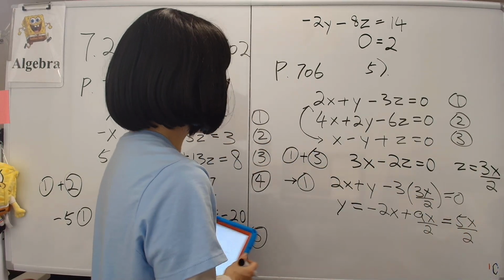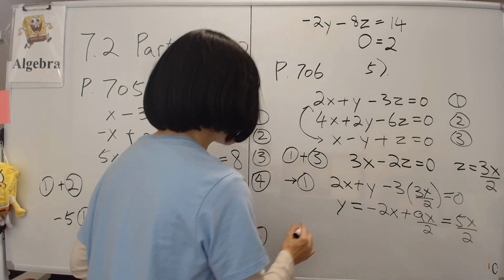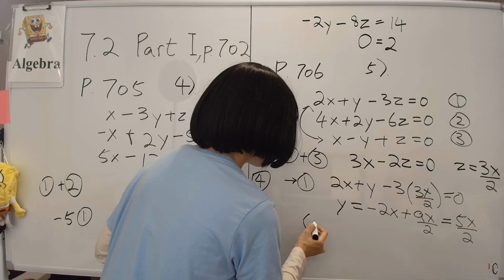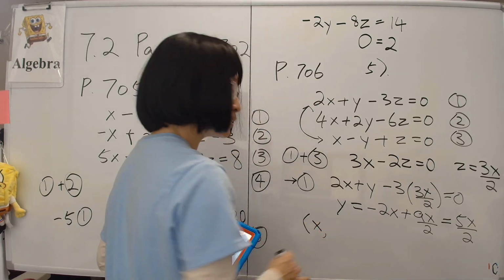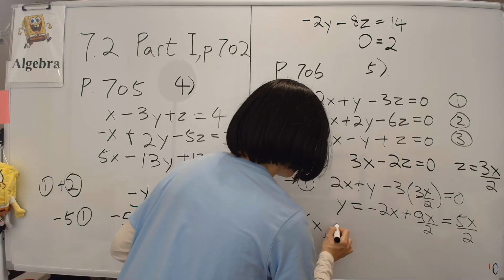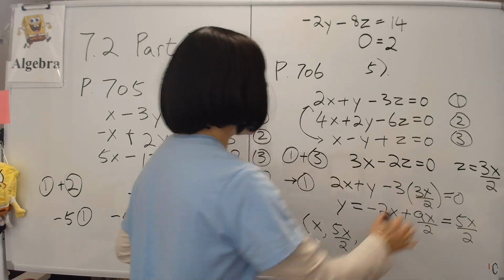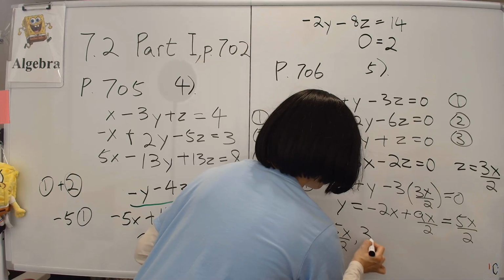Now notice how the answer is written. The answer then is x, comma, we don't know what x is, and then y is 5x over 2, comma, and then z is 3x over 2.